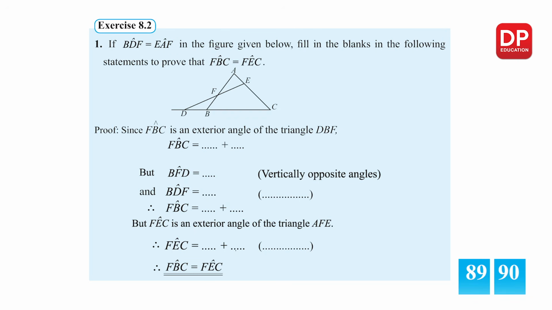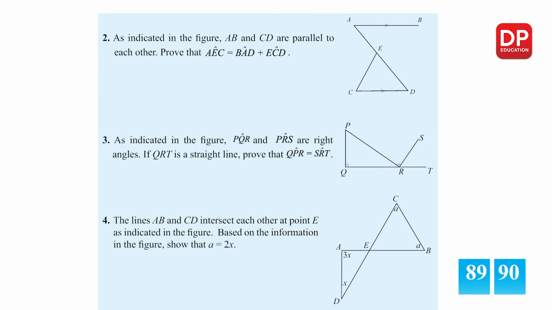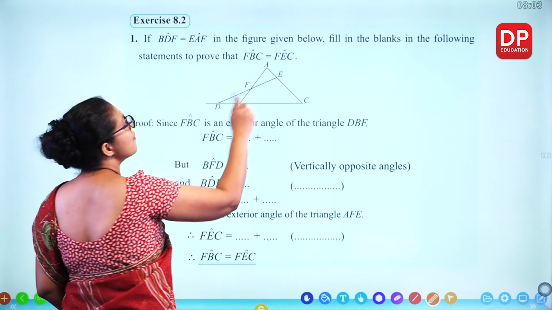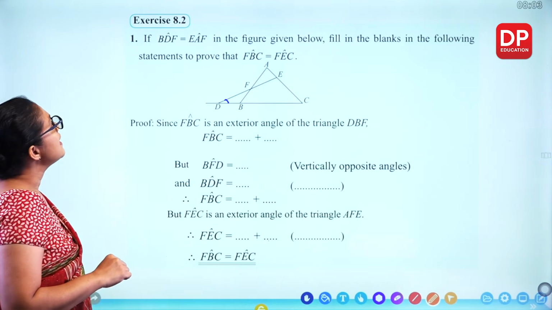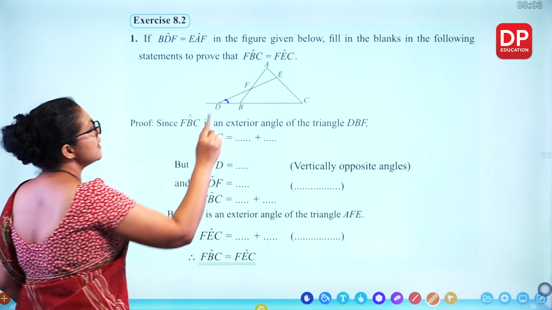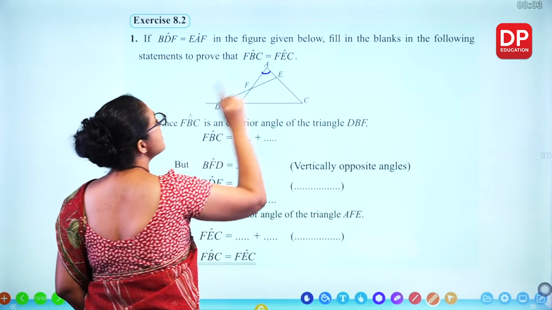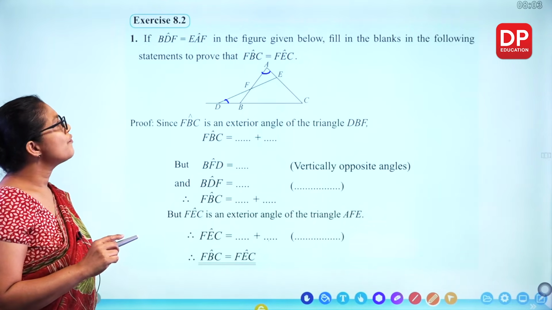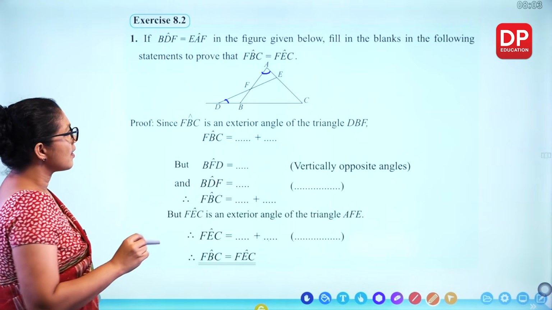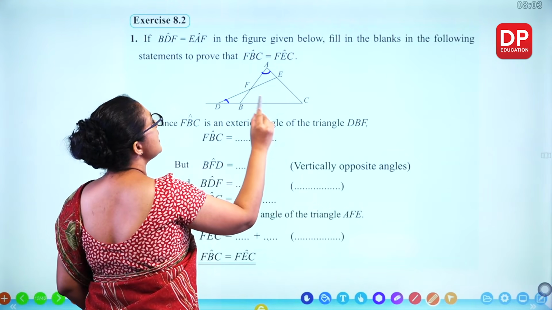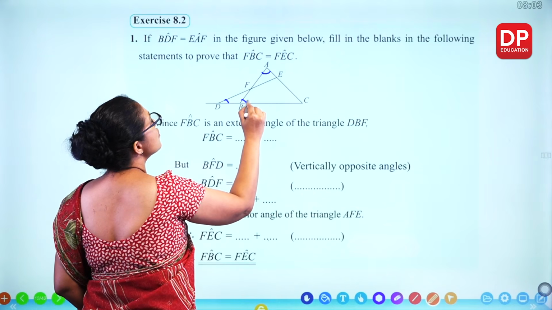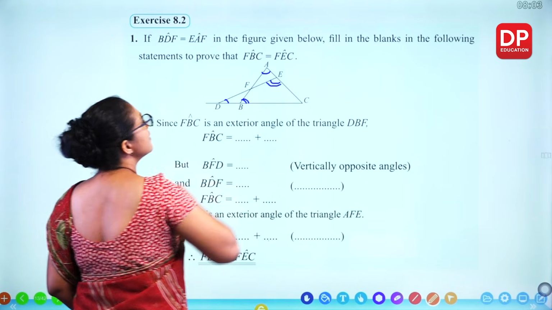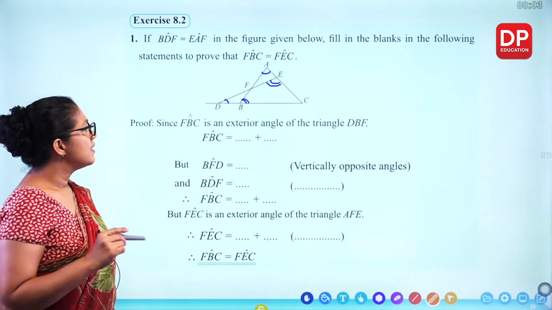Now we'll take exercise 8.2 in your textbook. It says if angle BDF is equal to EAF, fill in the blanks in the following statements to prove that FBC is equal to FEC. Now we'll try to fill these blanks.